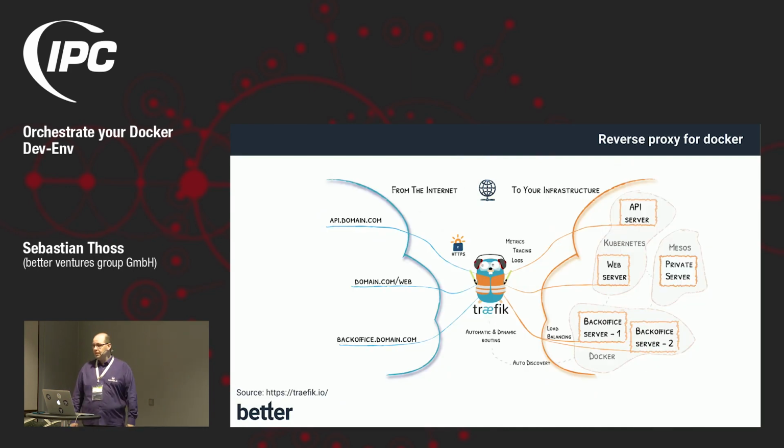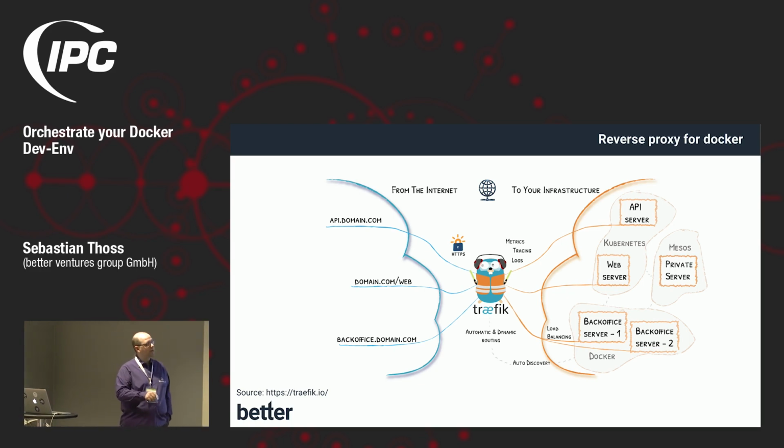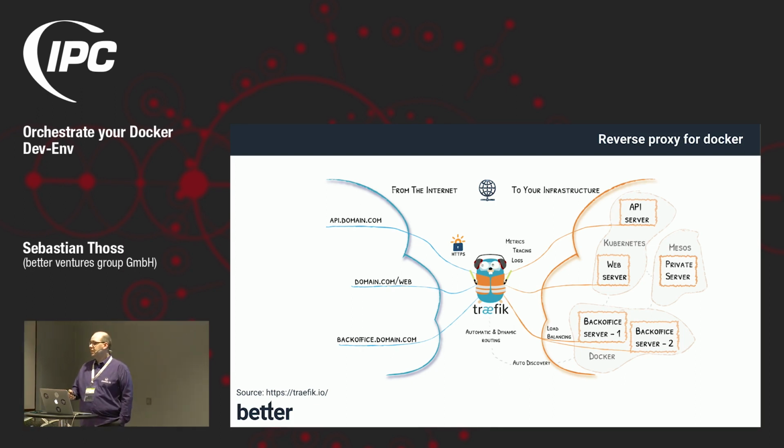So to explain again shortly what a reverse proxy is: a reverse proxy is simply a daemon, a kind of application which is monitoring the Docker daemon and knows which applications are running in Docker. You can run as many applications in there as your hardware can handle. And the reverse proxy in front of it is checking what is there based on configurations.